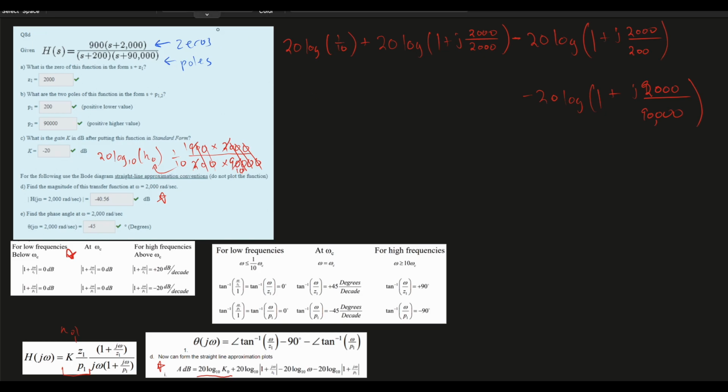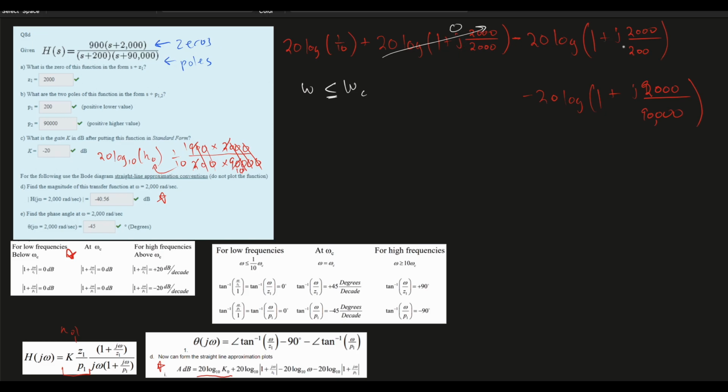Basically what we're saying is that when we have an omega c, which is our corner frequency, greater than the omega being passed in, it's going to be equal to 0. So when we look at this, this 20 log base 10 with 1 plus j, and then we have 2000 over 2000, well, we can see that our omega is equal to our corner frequency, and so this can be zeroed out.